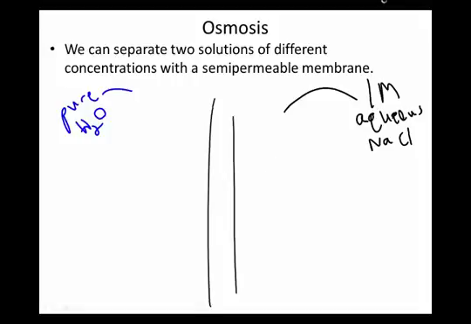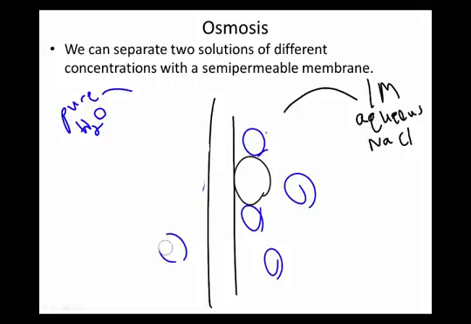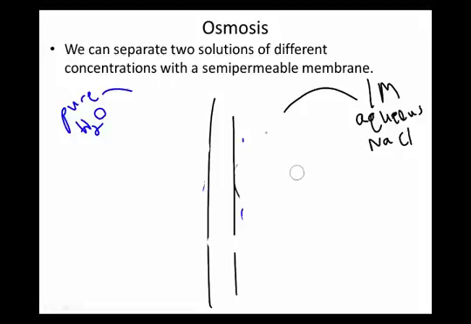I've got solvent particles moving through, but I've also got these solute particles that are blocking. Let me draw this a slightly different way. Imagine that we've got solvent everywhere, but I've got solute particles in black here.